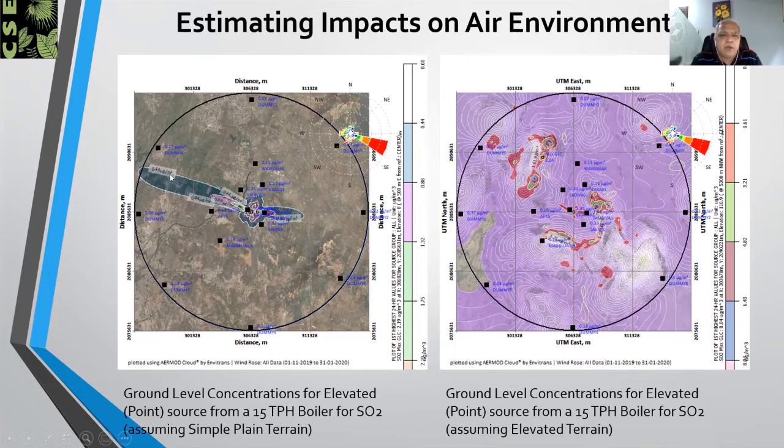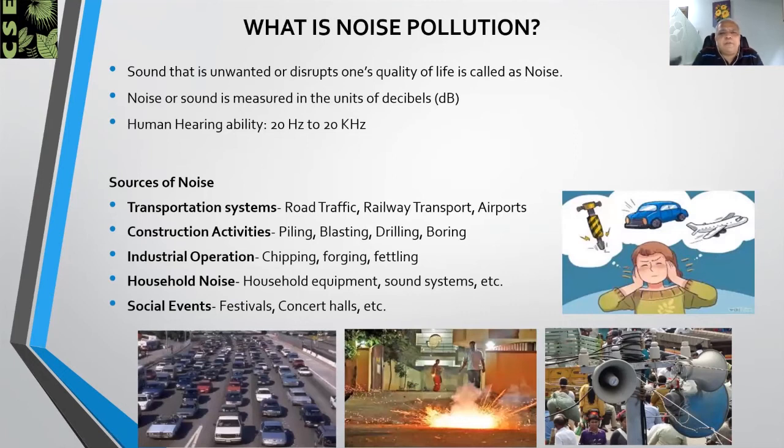Now, if you do the modeling assuming a simple plain terrain all around in the 10-kilometer vicinity, this is the kind of plume which we get, and the maximum impact is about 1.2 microgram in terms of sulfur dioxide levels. Whereas if you consider the topography, the levels which we get are seen here, where we can see that based upon the topography of that area, the concentration of pollutants will change.